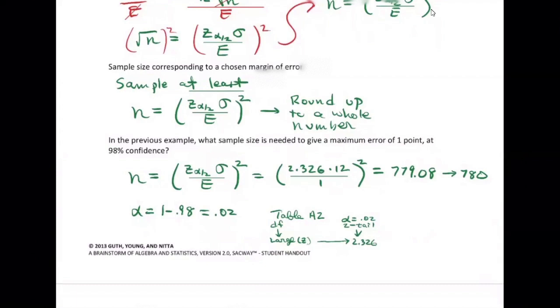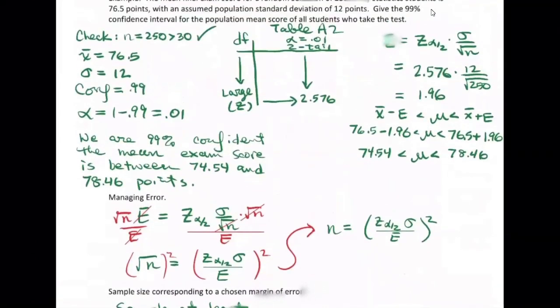And sample standard deviations vary from sample to sample. Sometimes they're bigger than they need to be, and sometimes they're smaller than they need to be. If your standard deviation from a sample comes out too small, then, just look at the formula for the margin of error up here.